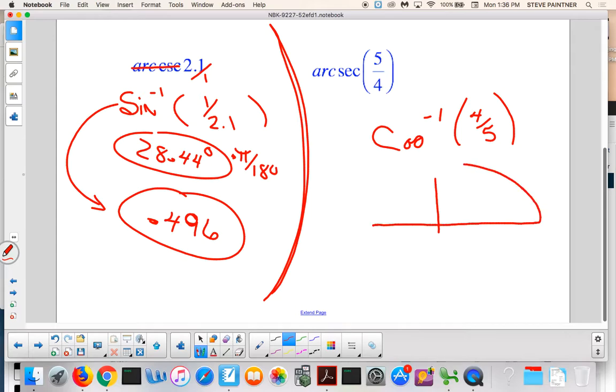So you should be up in here, correct? Not in here. So type that in, see what you get. 36.87 degrees, so roughly here. In radians, 0.644. 0.644 radians. Good? Not too difficult, is it?